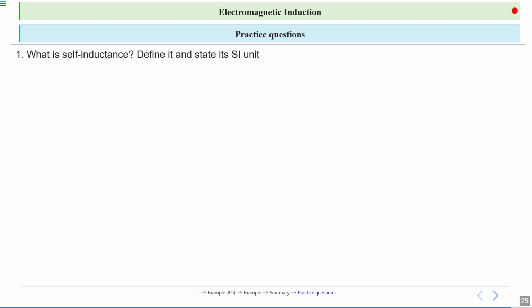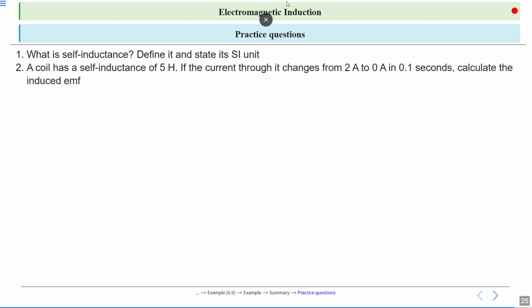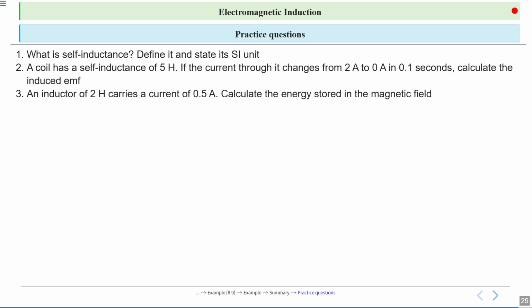There are some practice questions you have to do yourself. What is self-inductance? Define it and state its SI unit. A coil has self-inductance of 5 henry. If the current through it changes from 2 ampere to 0 ampere in 0.1 seconds, calculate the induced EMF. An inductor of 2 henry carries a current of 0.5 ampere.